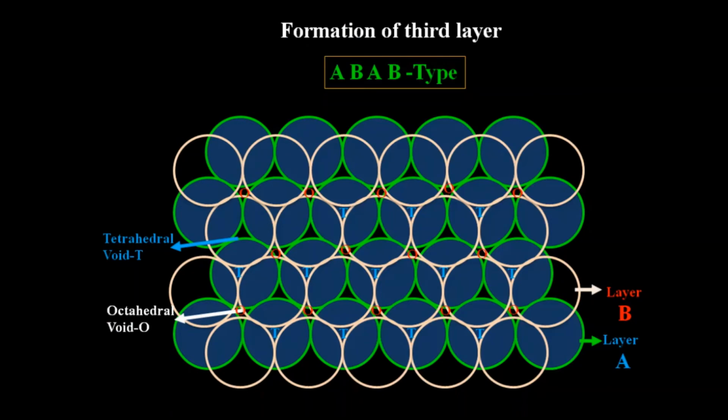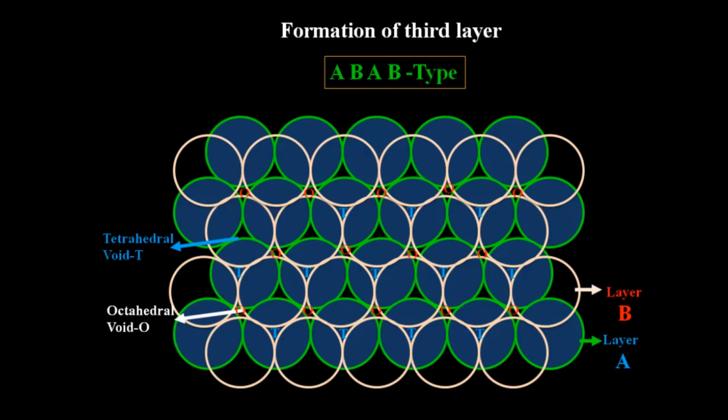After clarifying the concept of the tetrahedral void and the octahedral void, here we discuss the formation of the third layer. The third layer can be built up by placing spheres above either the tetrahedral voids or the octahedral voids. First, hexagonal close packing by covering the tetrahedral voids.